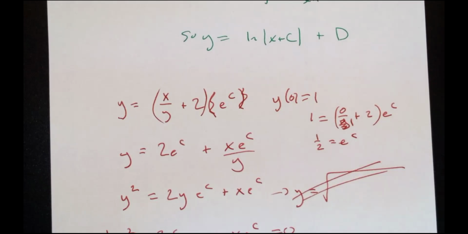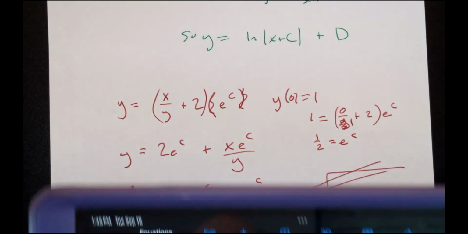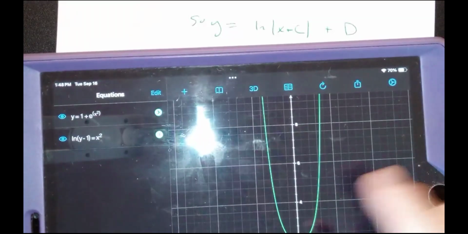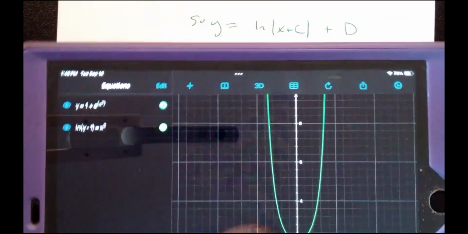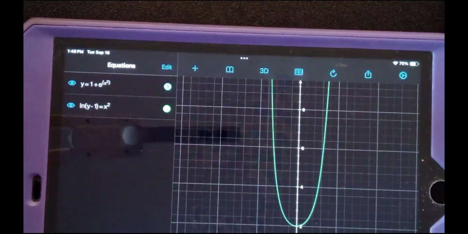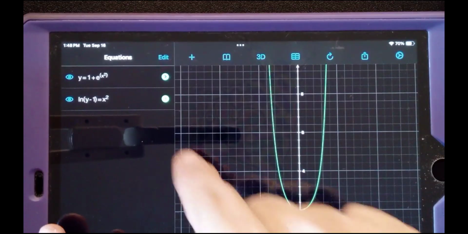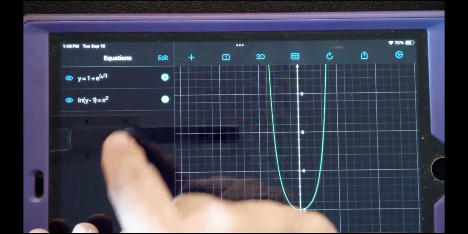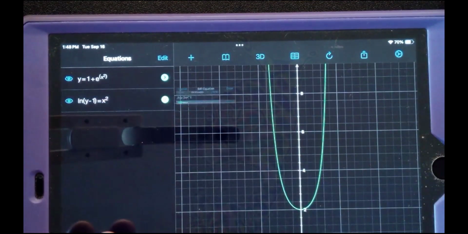Here, let me do it a different way. This is the equation you wrote, right? And we just figured out that e to the c was a half. So, here's my function grapher. I'm going to get rid of these equations. Let's edit this one.